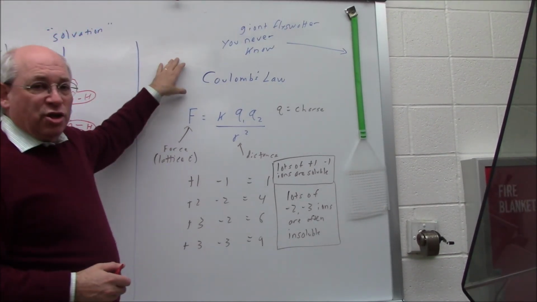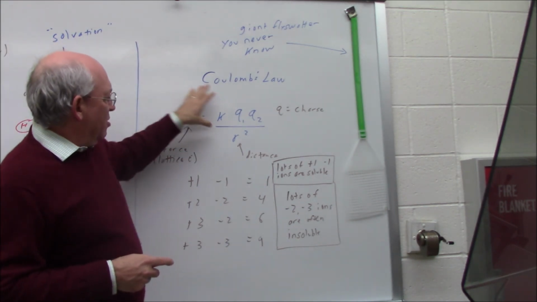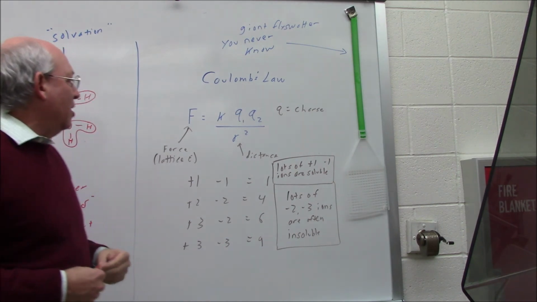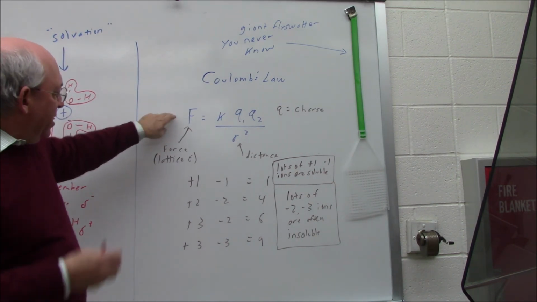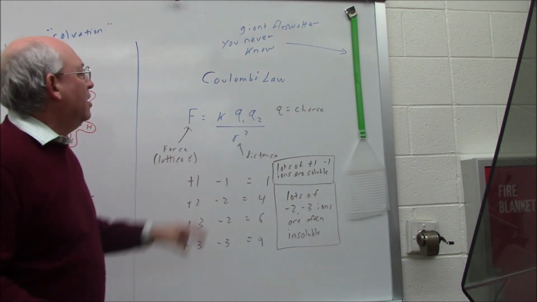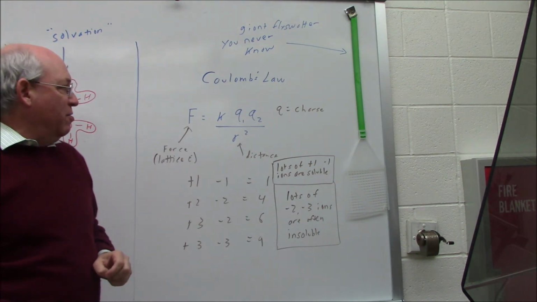So this section here is a little bit more for honors or AP. This is going to relate to the lattice energy, and it's kind of governed by Coulomb's law, which says for any electrical charges, the force, in this case the attraction of the lattice energy, depends on a constant, the charges involved, and the distance between the charges squared.